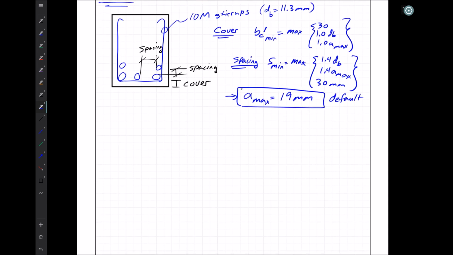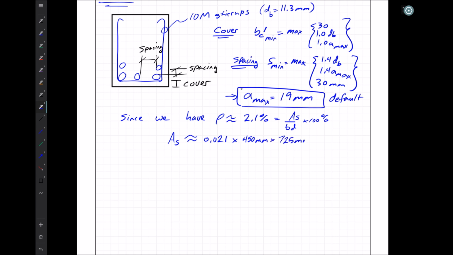Now, let's look at something else here. Since we have rho approximately equal to 2.1%, and this is equal to area of steel divided by B times D times 100%, we can say that area of steel is approximately equal to 0.021, in decimal instead of percent, times the cross-section size of 450 millimeters times the value of D that we've assumed of 725 millimeters.